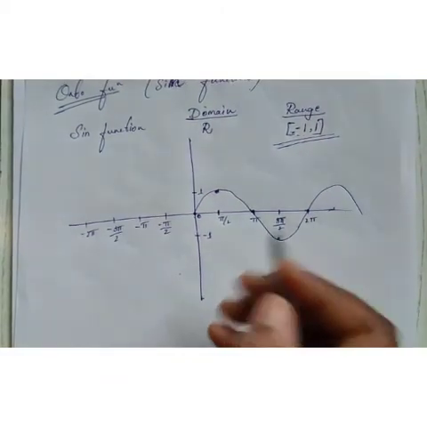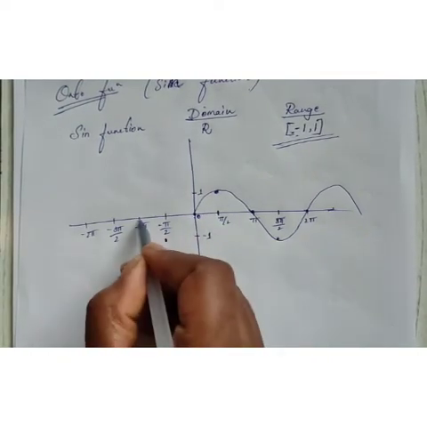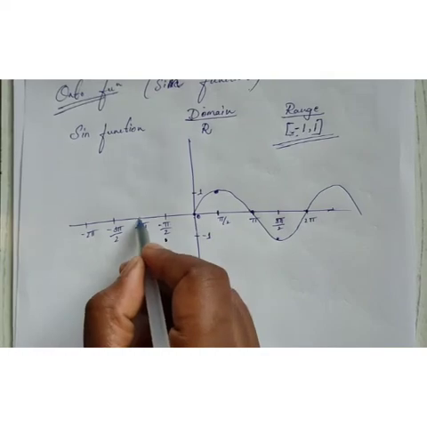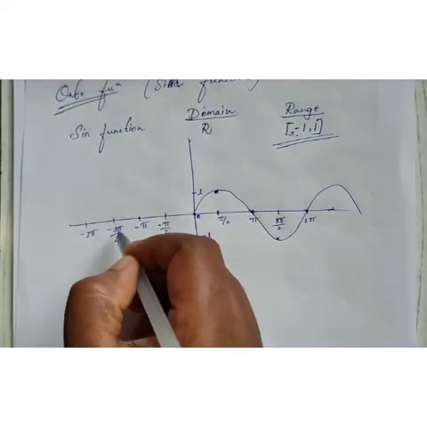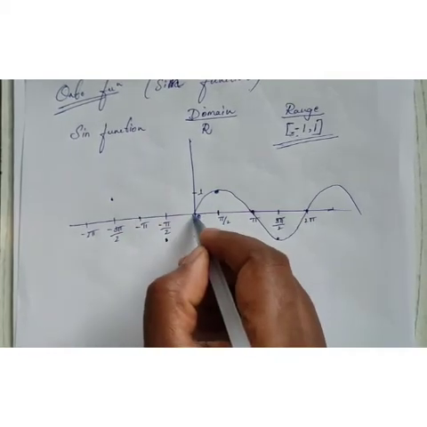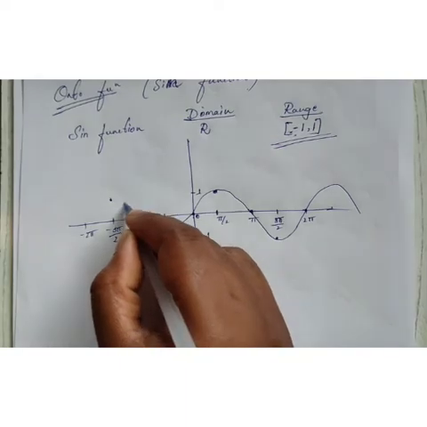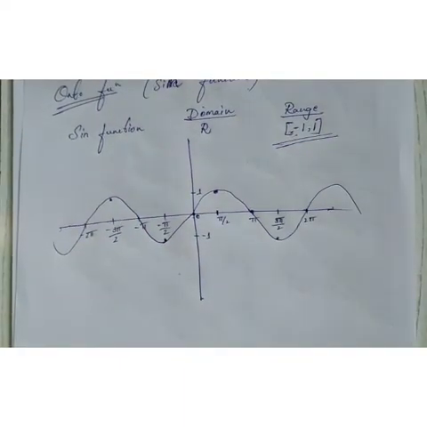In the same manner, sine of minus pi by 2 is -1, sine of minus pi is 0, and sine of minus 3 pi by 2 is +1. So the graph is something like this. This is the graph of the sine function.